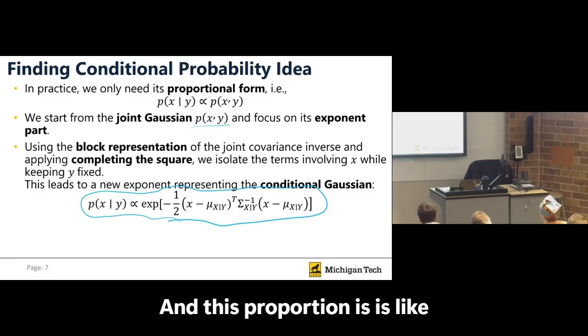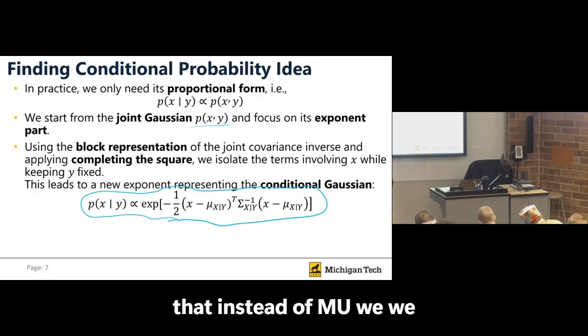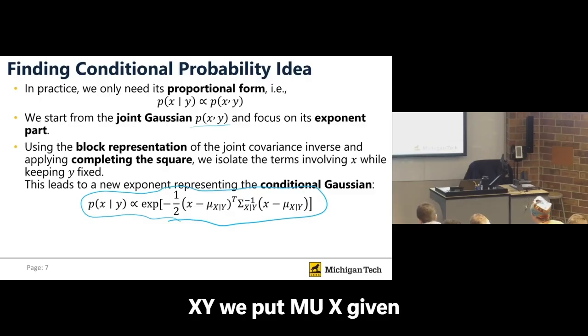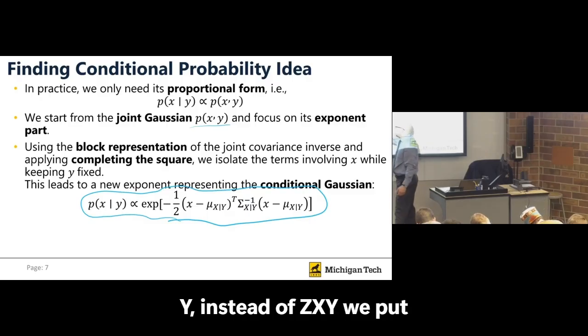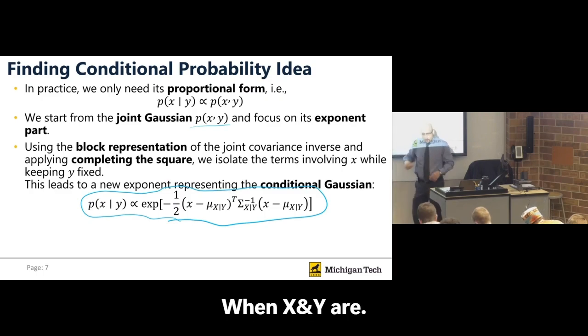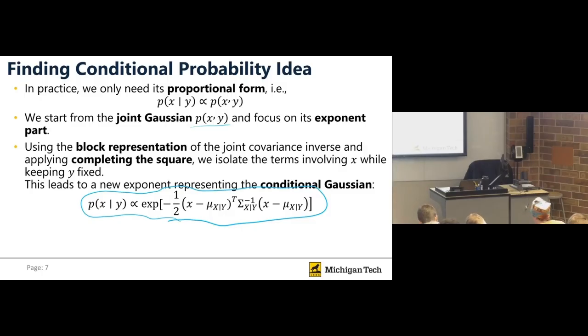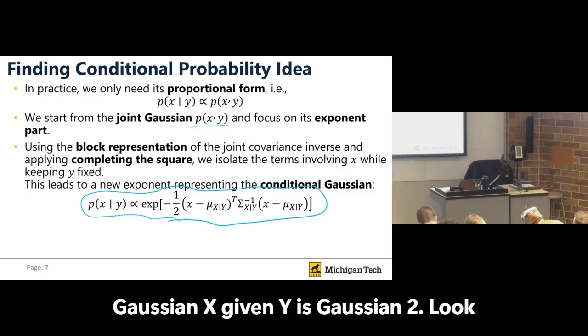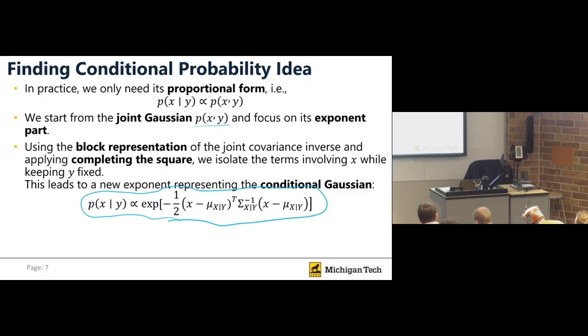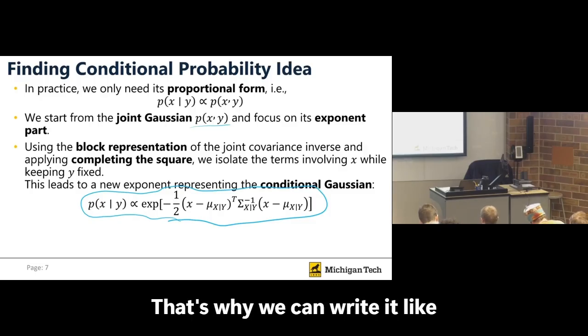And this proportion is like that. Instead of mu xy, we put mu x given y. Instead of z xy, we put z x given y. When x and y are Gaussian, x given y is Gaussian too. Look at that, they are a proportion of each other. That's why we can write it like that.